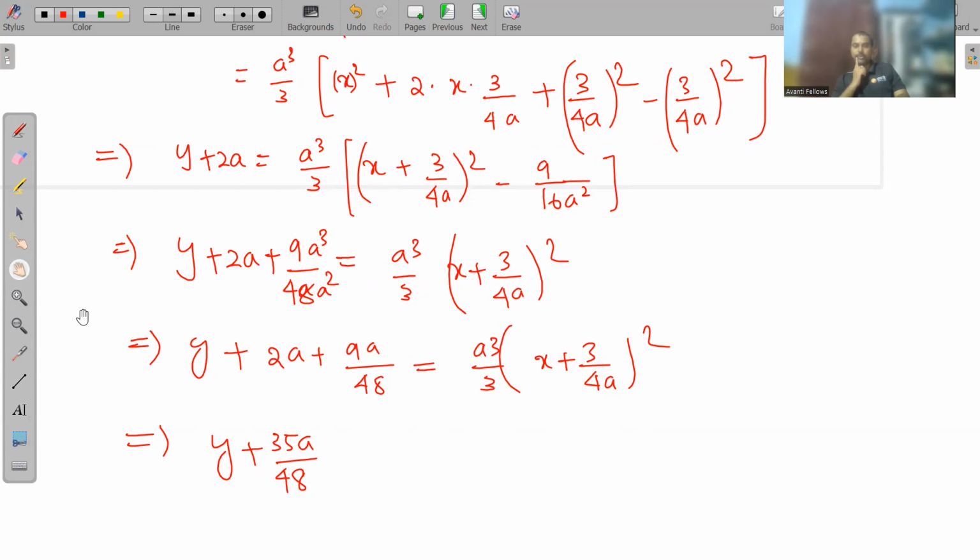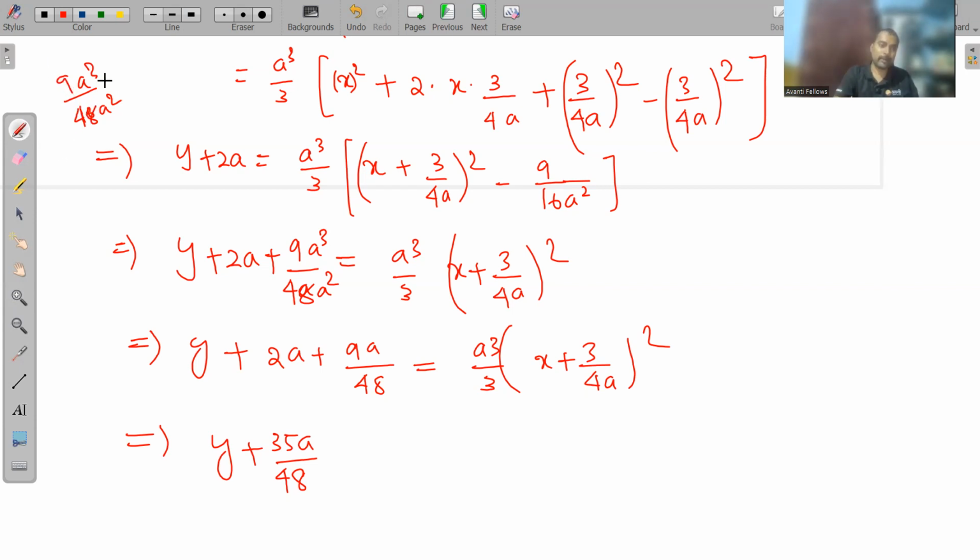So this will be 9a cube by 16a square, into 3, so 48a square.